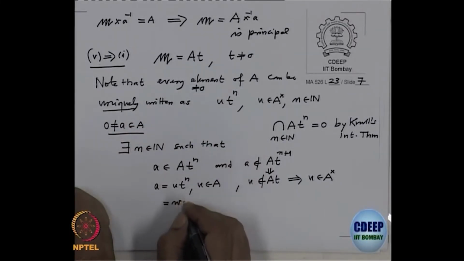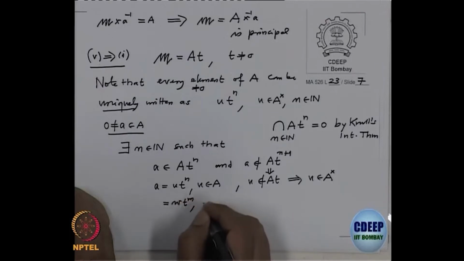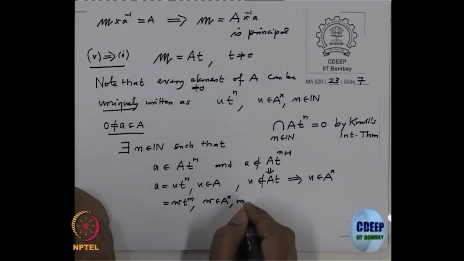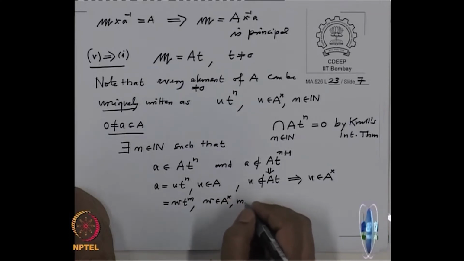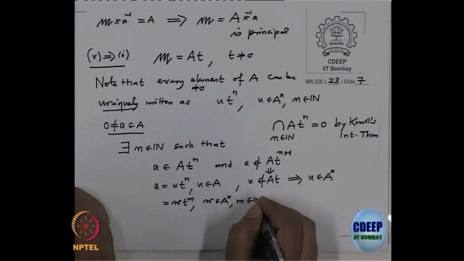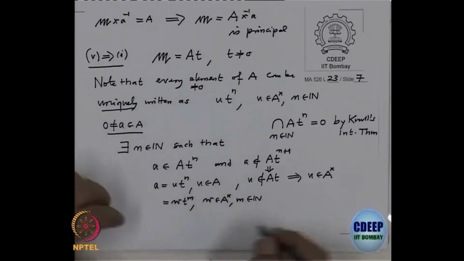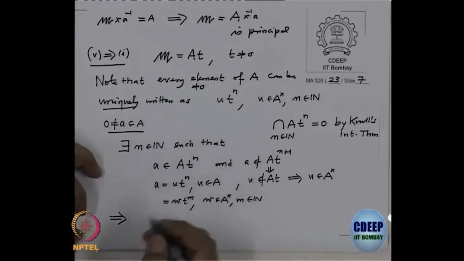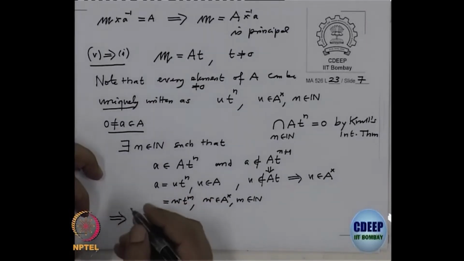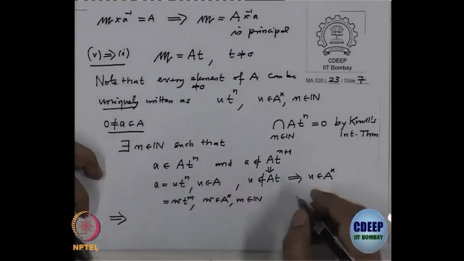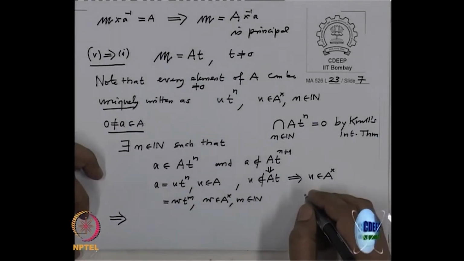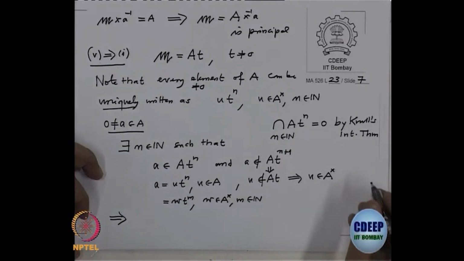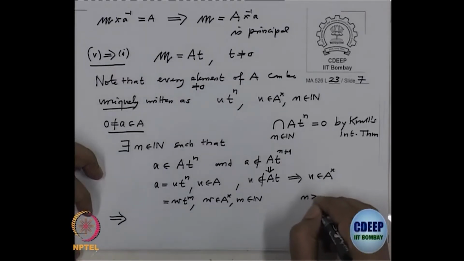Okay, now for uniqueness, if I can write a as some w times t power m, where w is a unit and m is a natural number, then because of this you shift. That will imply, because of this equality, let us assume n and m, I want to prove n equal to m. So, let us assume that n is bigger or equal to m.